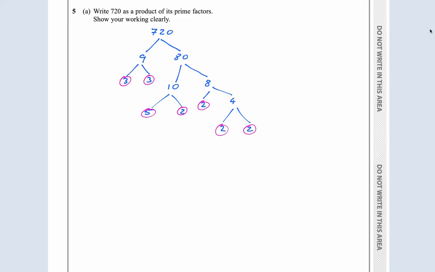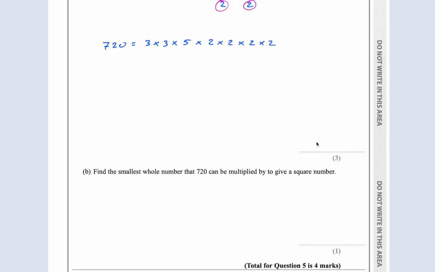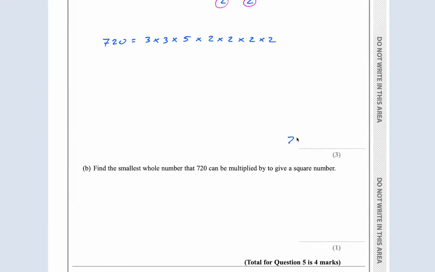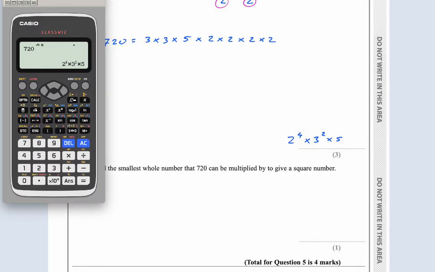Hence, I can write down 720 equals 3 times 3, these two, times 5, times 2, times 2, times 2, times 2. And that's my answer. Or you can write it in the fancy way, 2 to the power of 4 times 3 squared times 5.